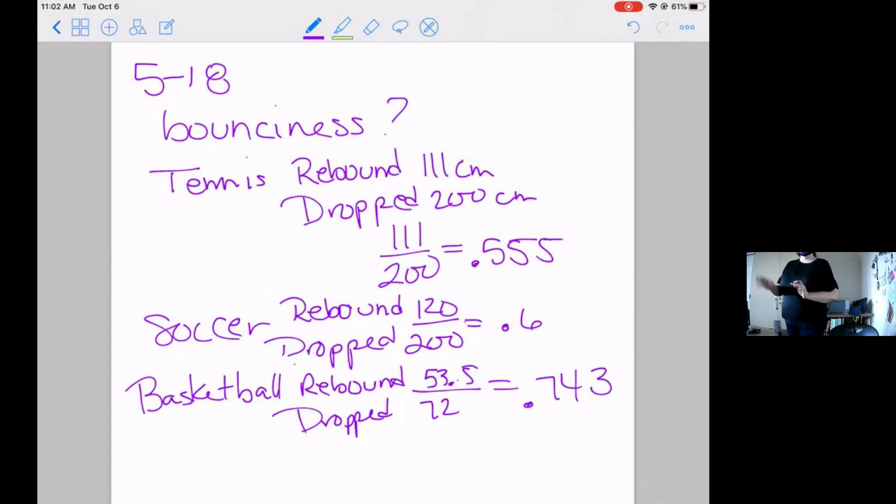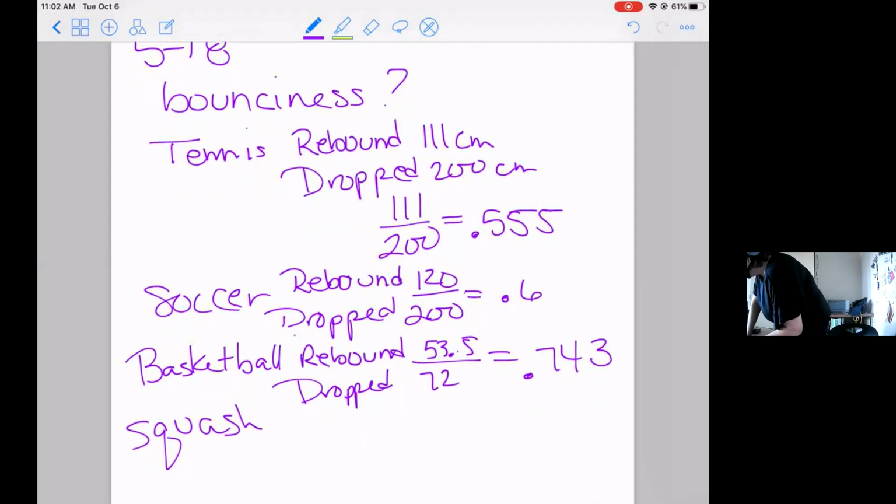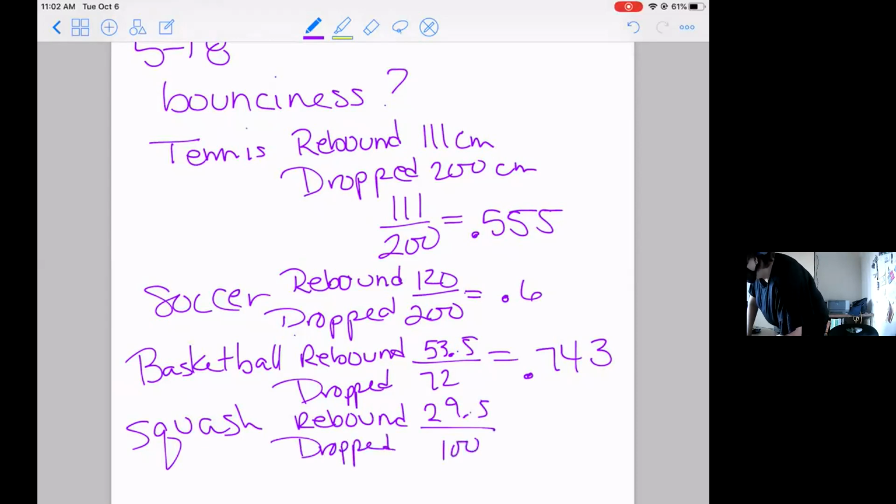It has to, right? You do the squash. Its rebound is 29.5 when dropped from 100 inches. Well, I can do that. It's 0.295. So which of our four balls is the bounciest? The basketball.